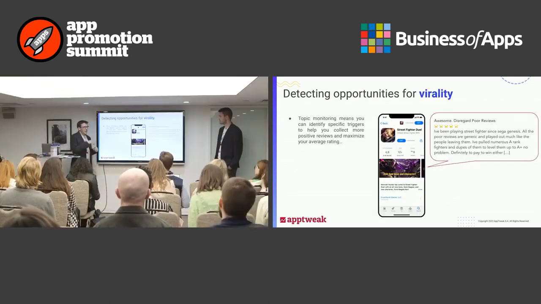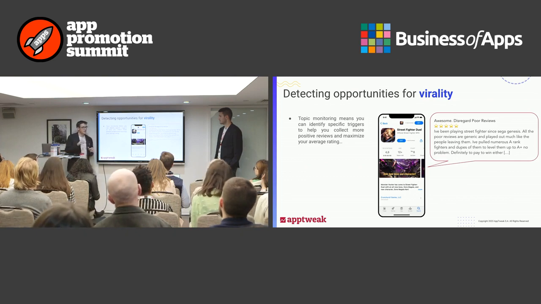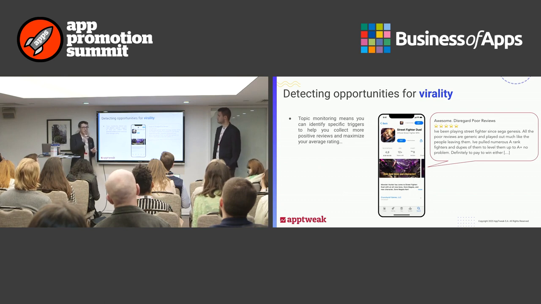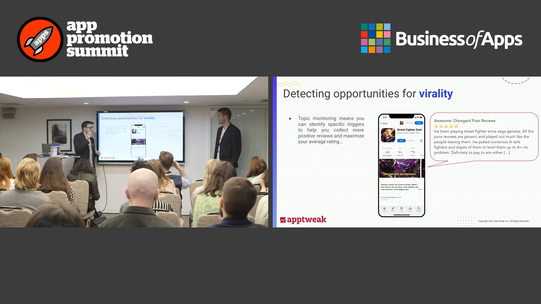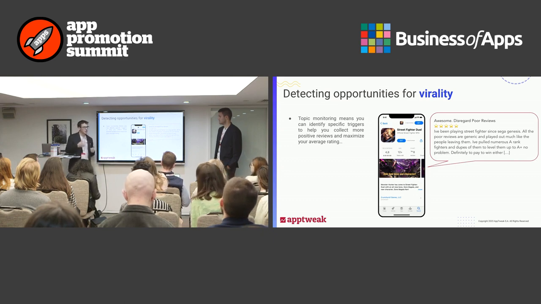Now I'm getting a bit more into the thought experiments, but it's also thinking, when you see interesting reviews or very strong topics, you can go further than just making creatives out of it. You can even think about activating more people. So you have good reviews, you want to keep your rating going up.